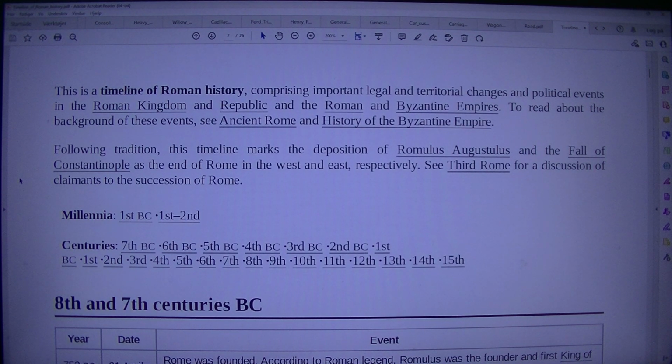To read about the background of these events, see Ancient Rome and History of the Byzantine Empire. Following tradition, this timeline marks the deposition of Romulus Augustulus and the fall of Constantinople as the end of Rome in the west and east, respectively. See Third Rome for a discussion of claimants to the succession of Rome.